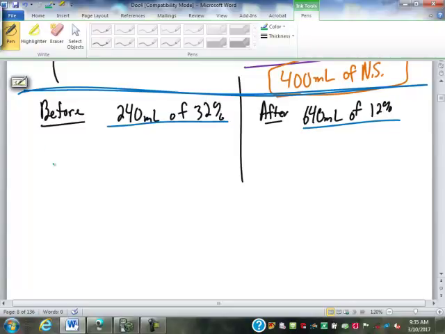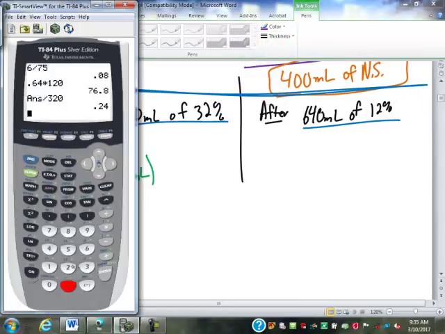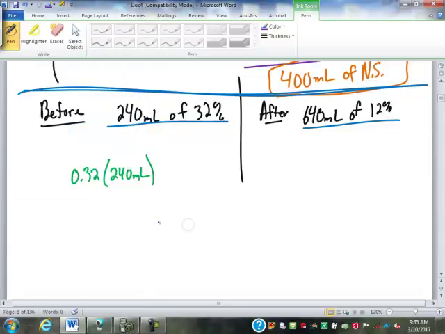So before, we have 0.32 times 240 milliliters. That is 76.8 milliliters of active ingredient.